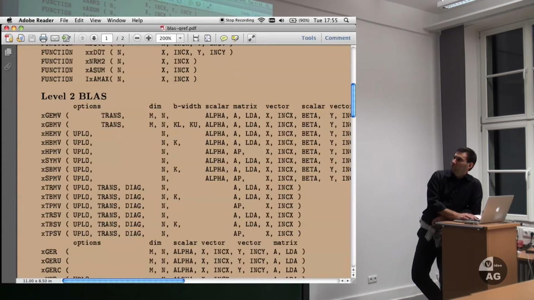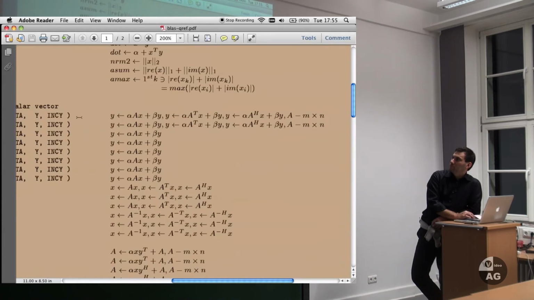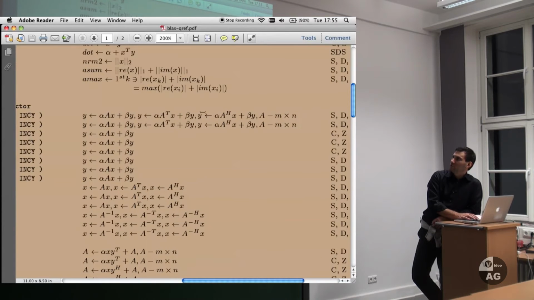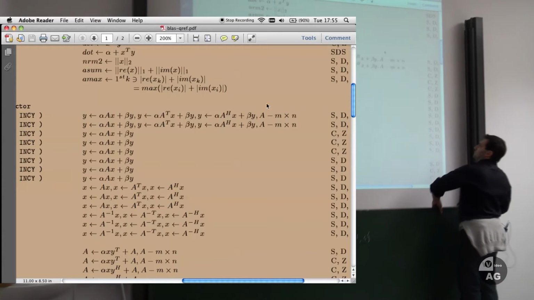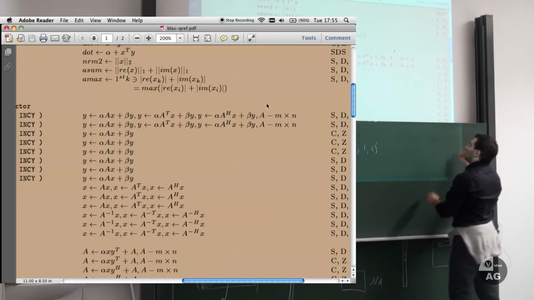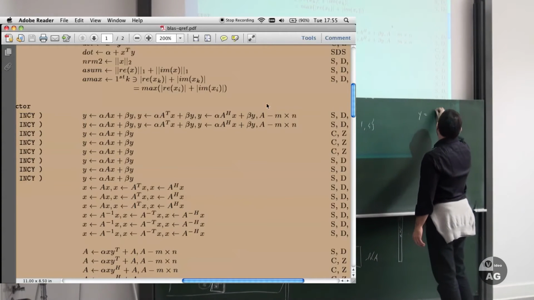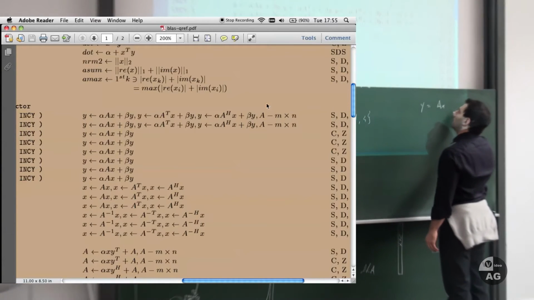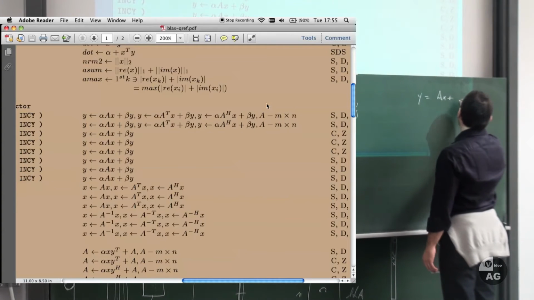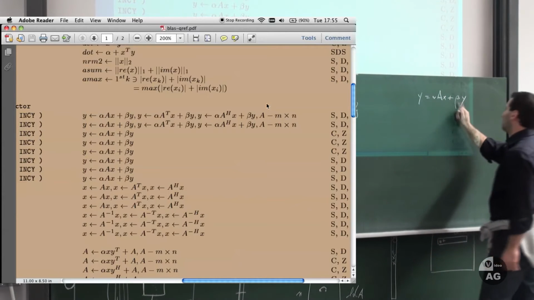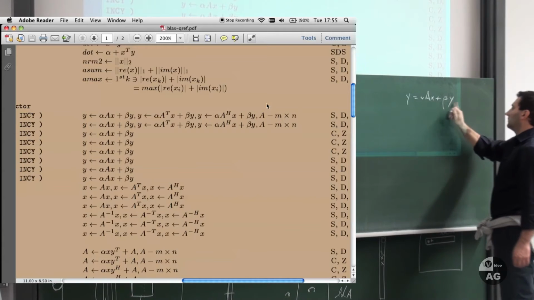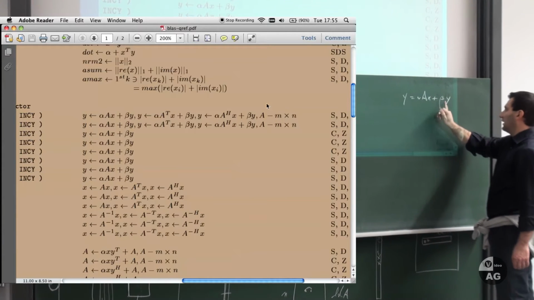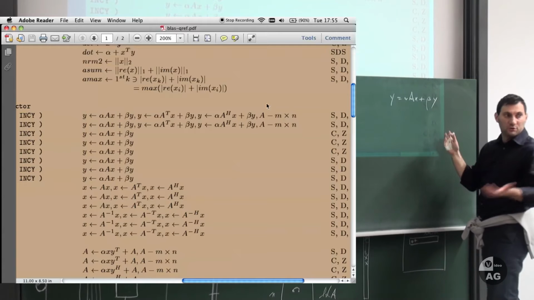So GEMV is associated to a bunch of different versions. In particular, you can do y equals alpha a x plus beta y, where alpha and beta are scalars, and alpha, beta, x, y, and a are all input quantities.